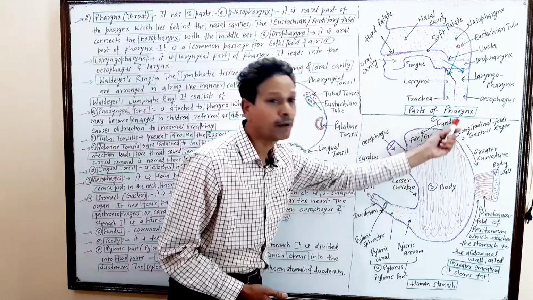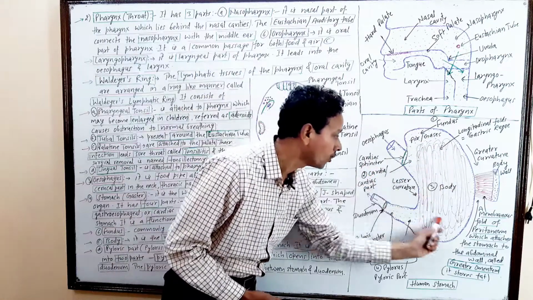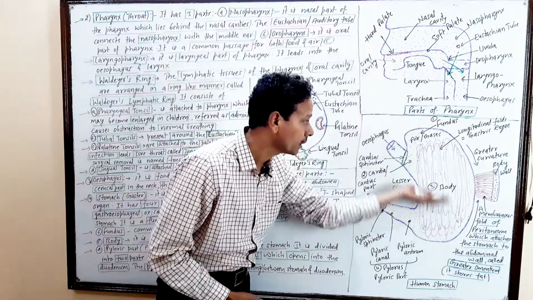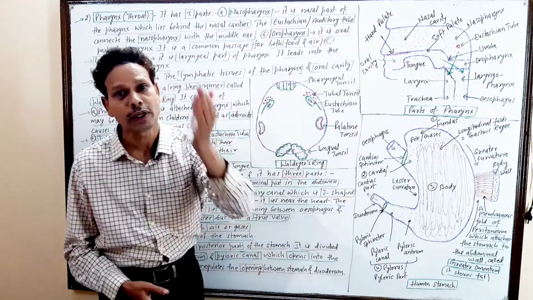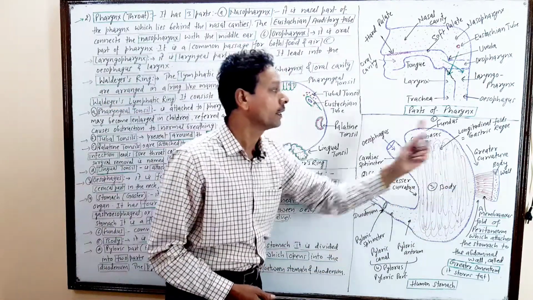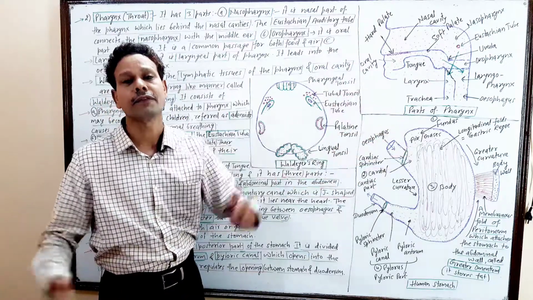The first part is fundus, the second part is cardiac part, and the main part of the stomach is the body. In this stomach there are longitudinal folds, the gastric rugae, which increase the internal surface area.